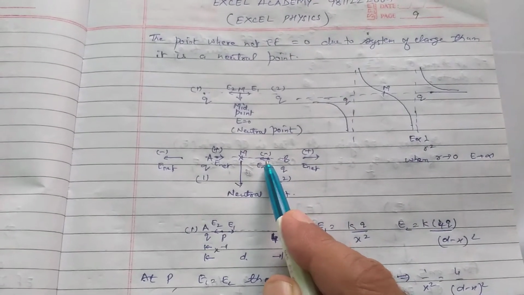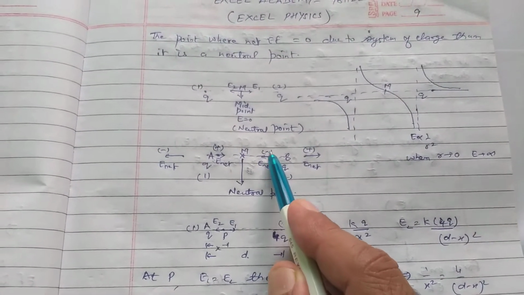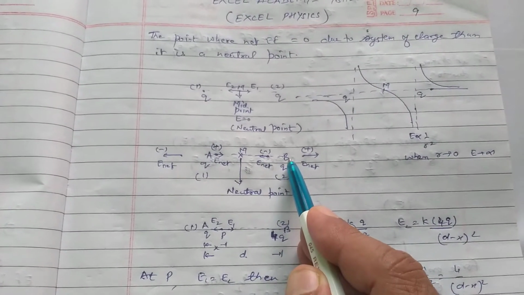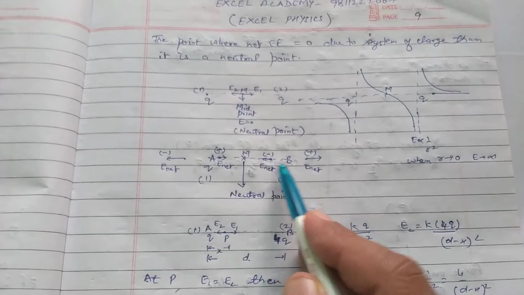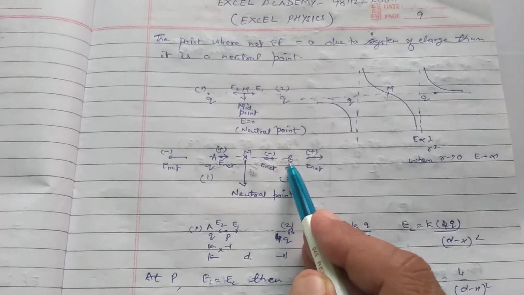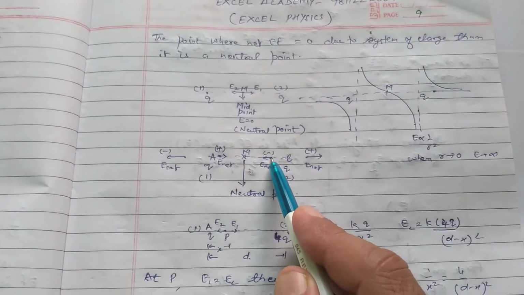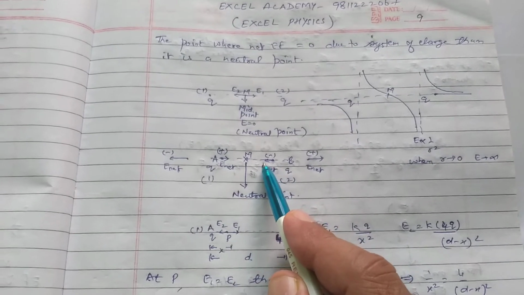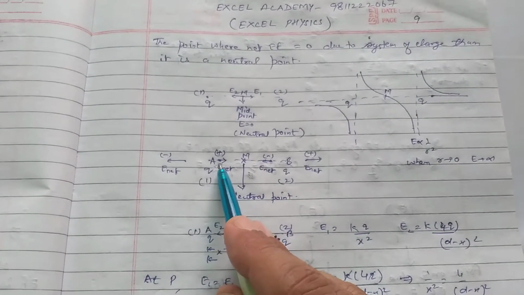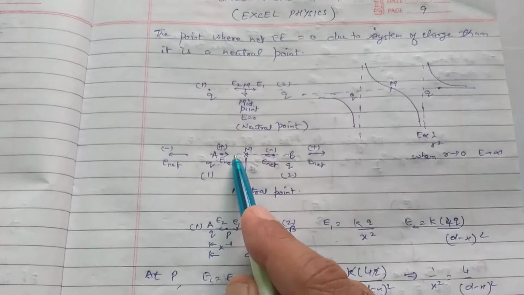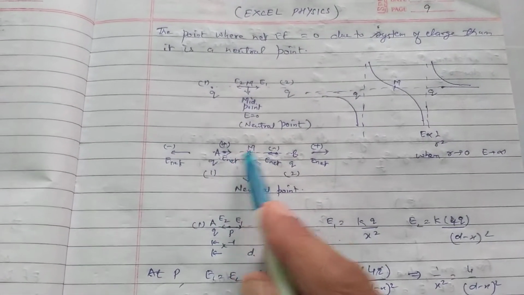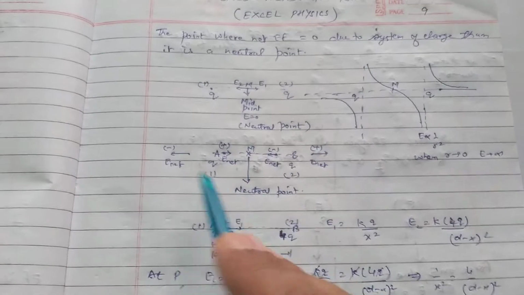Since the test charge is closer to this charge, the influence of this charge will be dominating and the net electric field is in this direction. Similarly, here the net electric field is in this direction, and I am taking this direction positive, this direction negative.